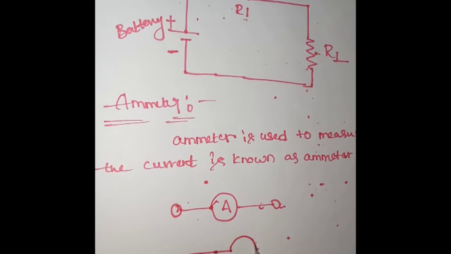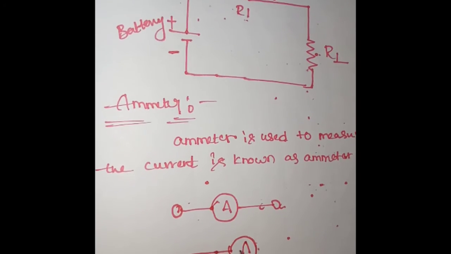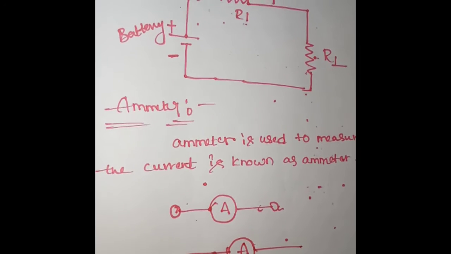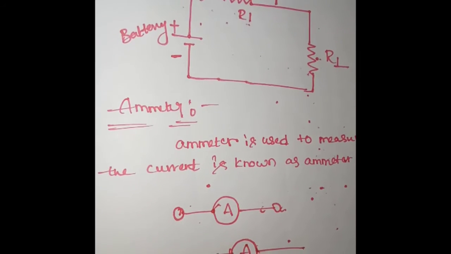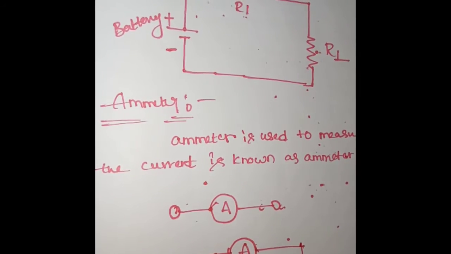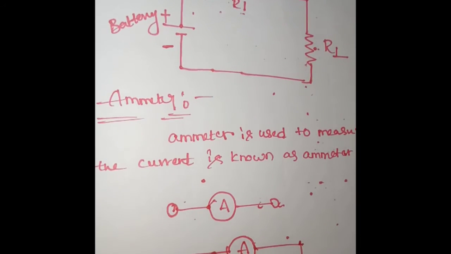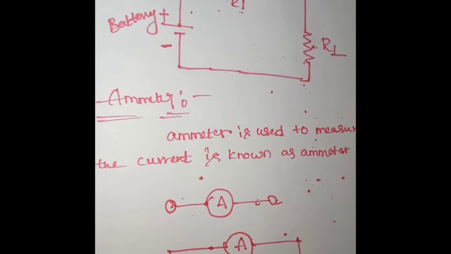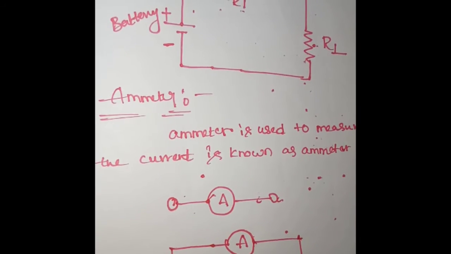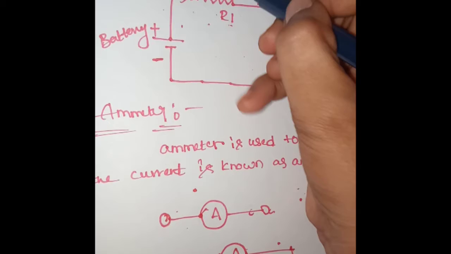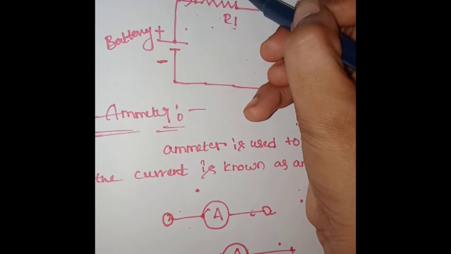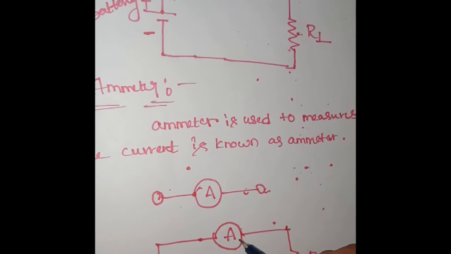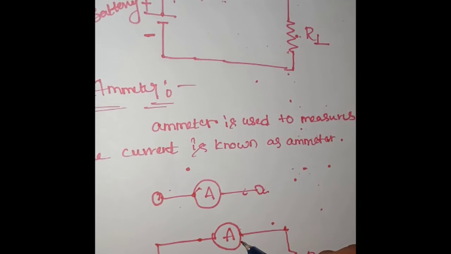You can see here the circuit diagram. This is a battery. This is the load resistance RL. See here, this voltmeter is connected in parallel and this ammeter is connected in series with the circuit.